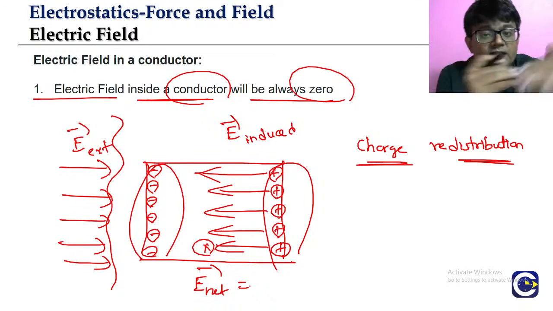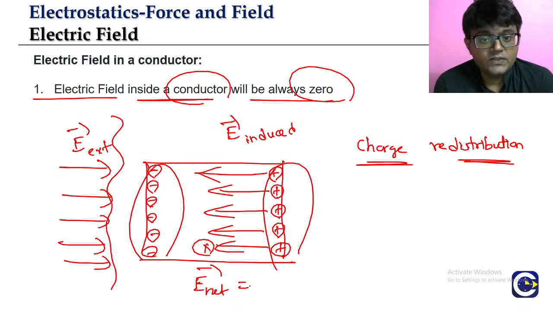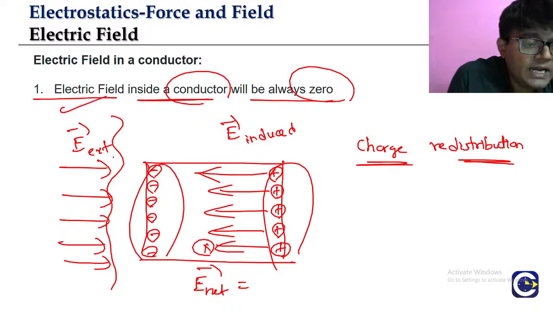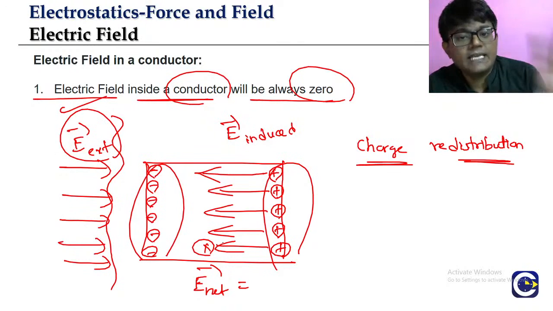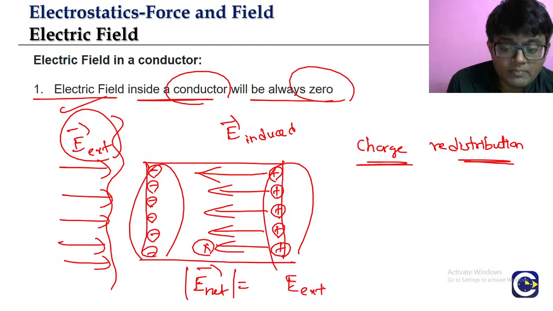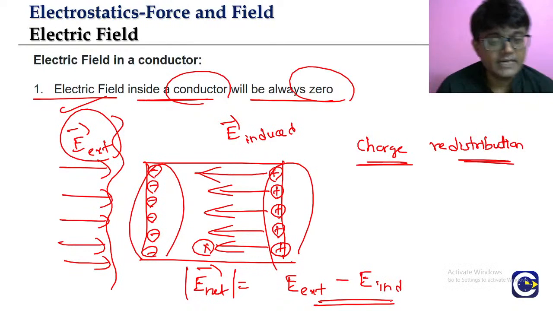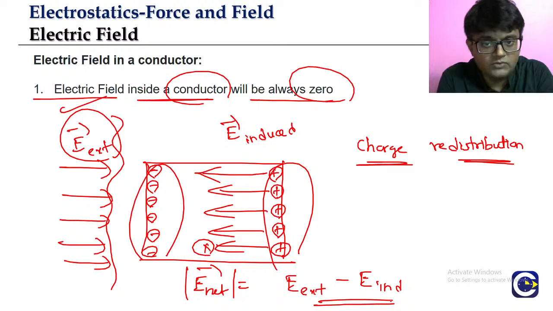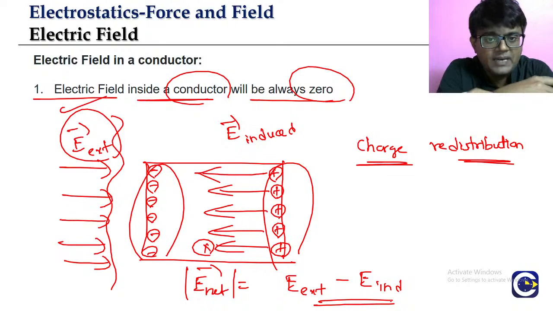The two electric fields are in opposite directions, right? So for example, if the external electric field value is higher, what will be the net electric field value? It will be the external electric field magnitude minus the induced electric field magnitude, higher value minus lower value. Both are anti-parallel, right?